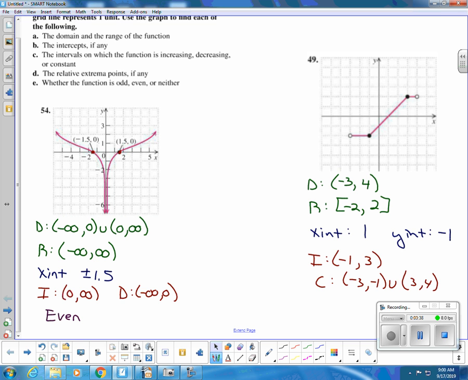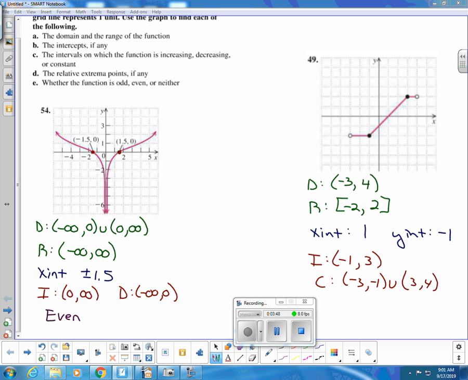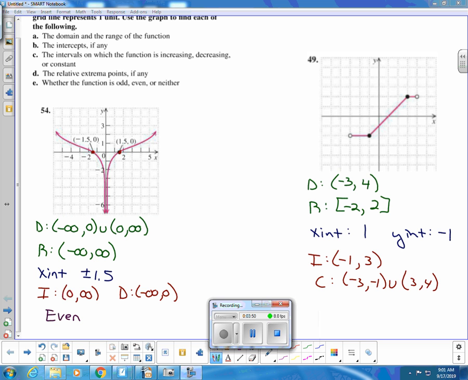And for the extreme points, there aren't any extremes per se. It's more those constant sections that could be extremes. So these could be maxes or mins.